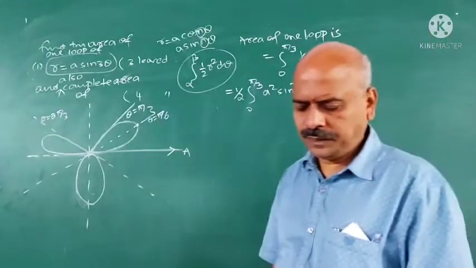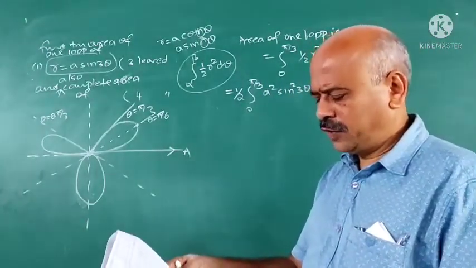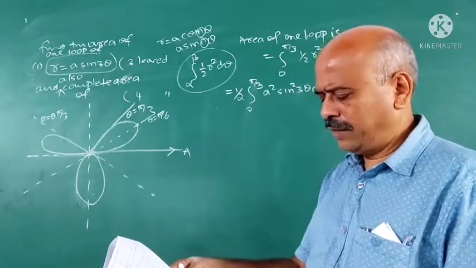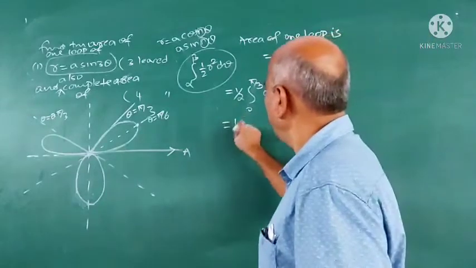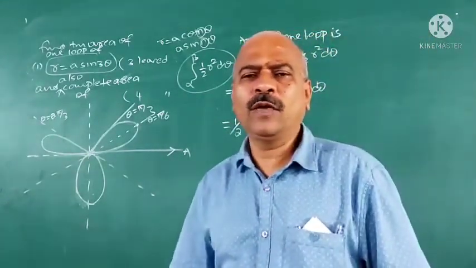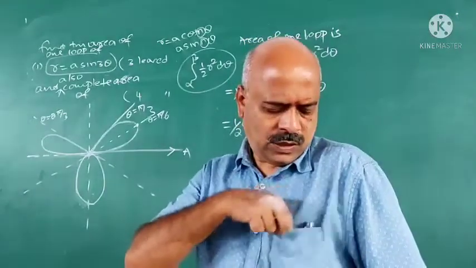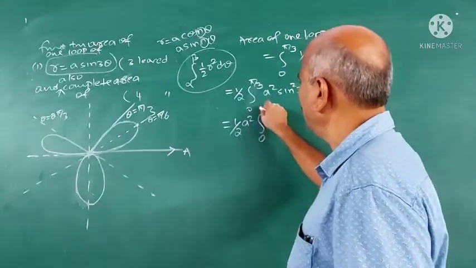Find out this. For one loop, θ varies from 0 to π/3. And how do we evaluate this integral, 0 to π/3 of sin² 3θ? To find the integration, always powers are expressed in terms of multiples.